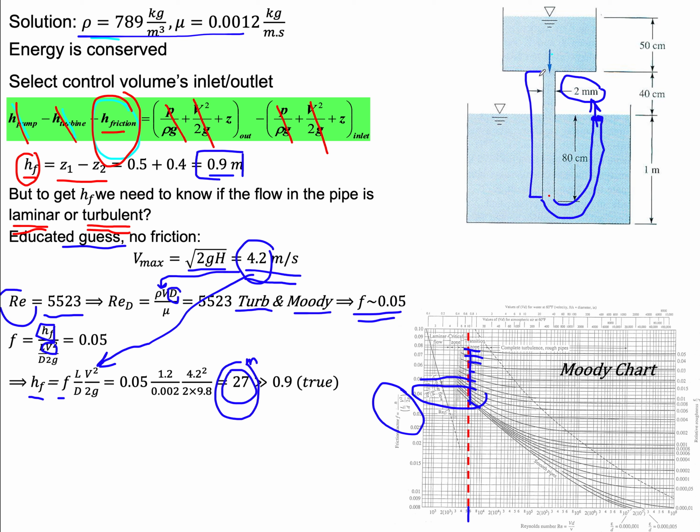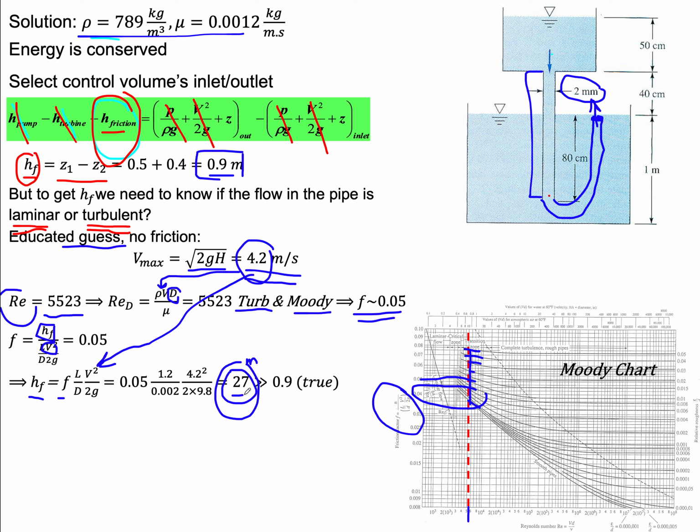So that's completely unphysical. It means I need to be at a much slower velocity because the true friction head loss, that's the maximum possible, just because it's the gravity that's driving the flow, cannot be above 0.9. That violates the second law of thermodynamics.